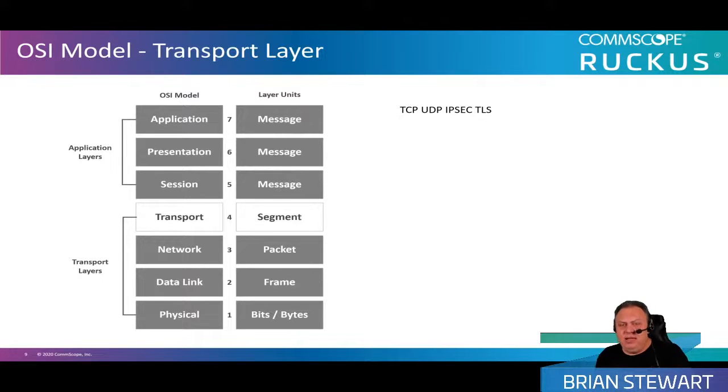So if that's a VoIP phone call, so you're calling someone on the phone and you're communicating with them in real time, it doesn't make any sense to retransmit a packet, because by the time you tell the sender to retransmit and it's sent it back across the network and it's received, you've already played that part of the audio transmission. There's no way to go back and fix that. So UDP is used for a lot of types of real-time communications.